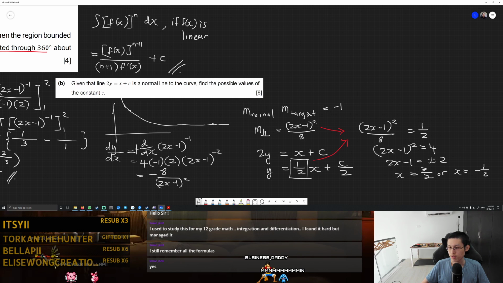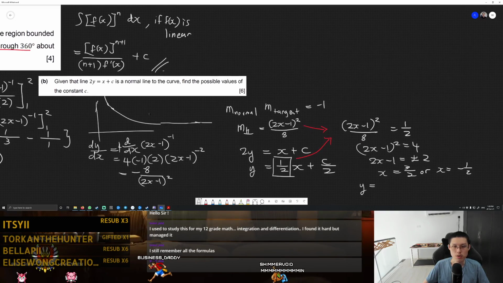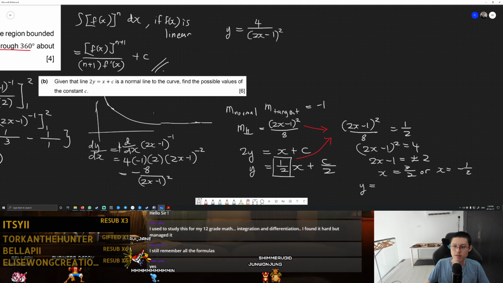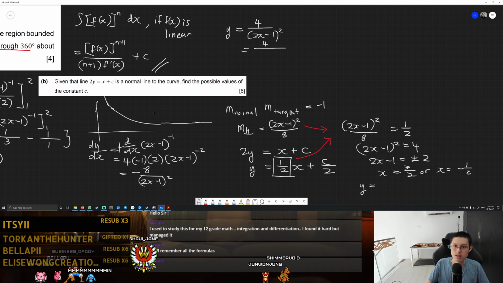Okay, so if x is 3 over 2, then the y coordinate, we can put that into our equation, which was y equals 4 over (2x minus 1) squared, right? So if x is 3 over 2, we are going to get 3 minus 1 squared, which is 1. So y will be 1.